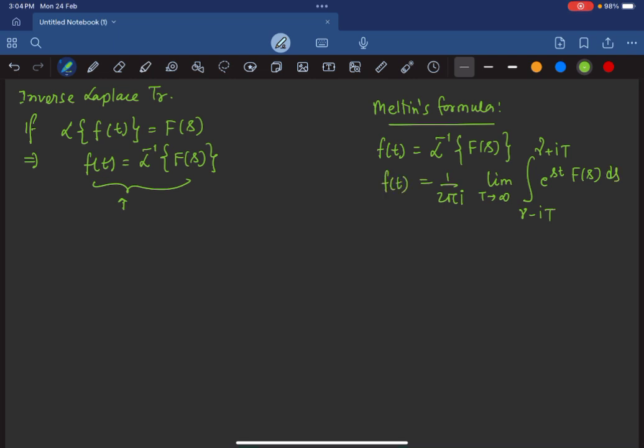This is Milne's inversion formula to find the inverse Laplace. Now this intermediate step is involved with all the formulas.